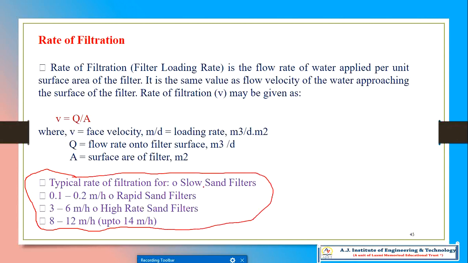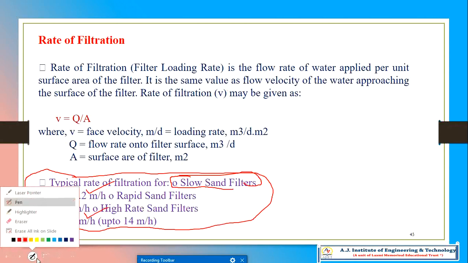Whether you take a slow sand filter or a rapid sand filter, for a slow sand filter it is 0.1 to 0.2 meter per hour. Then for rapid sand filter it is 3 to 6 meter per hour, and for a high rate filter it is 8 to 12 meter per hour. So this is about our rate of filtration.